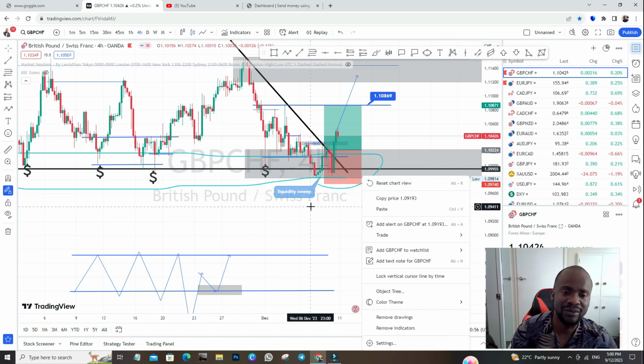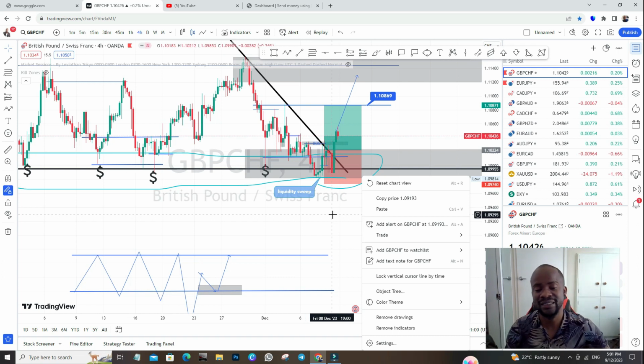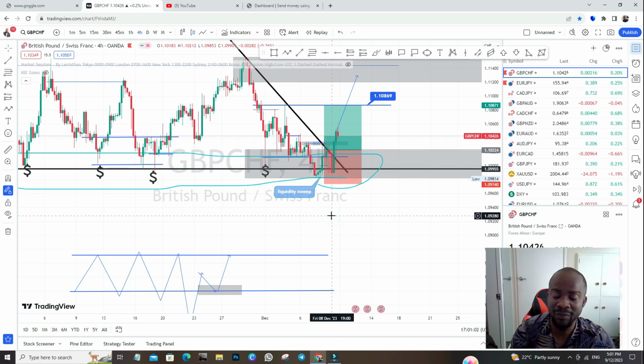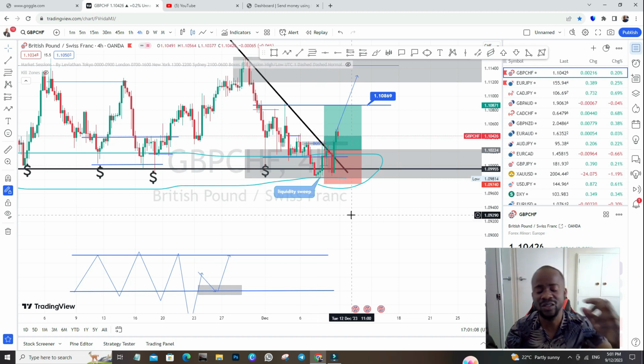Trading is all about taking opportunities based on plans that have been set aside. You have to be disciplined. You have to follow your plan very well. Actually, I recently added some ICT model concepts into my trading ideas. I usually trade the break and retest strategy.